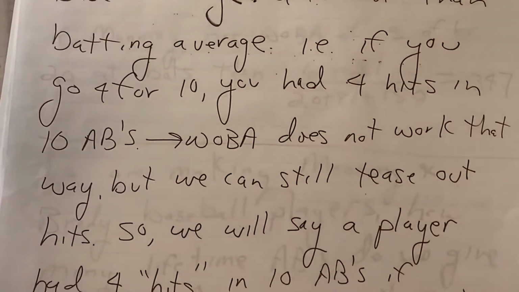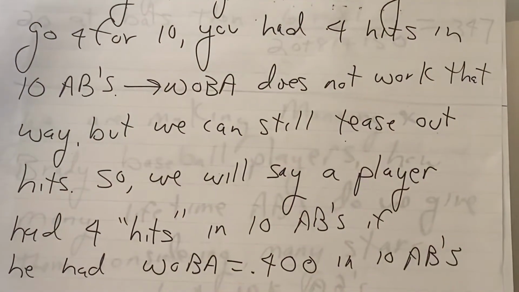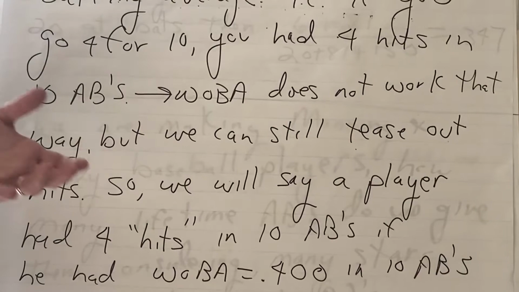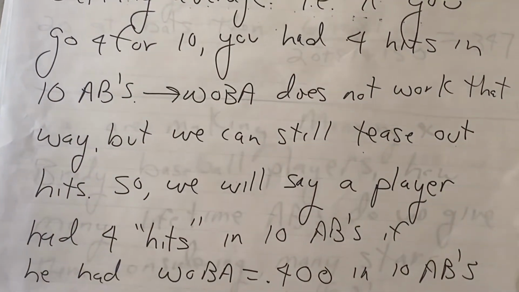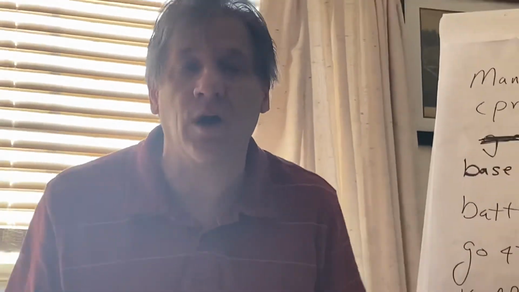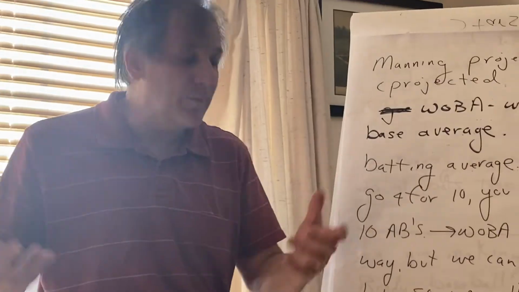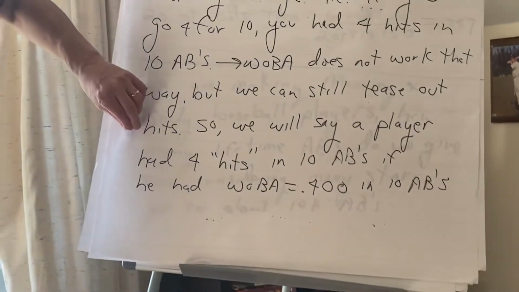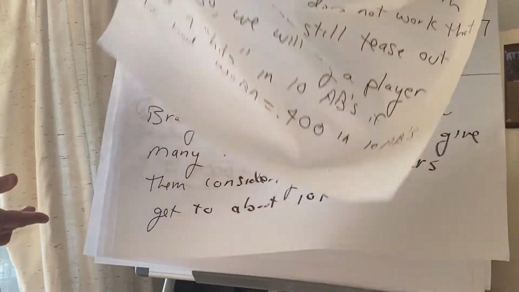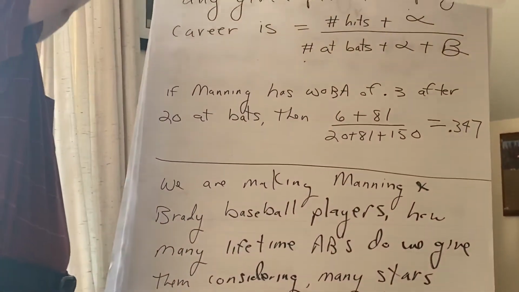WOBA doesn't work that way because you don't have a numerator and a denominator, but it is a decimal number, a percentage, so you can create a numerator and a denominator. If you go to the plate 10 times and have a WOBA of 0.4, that is basically the same thing as 4 hits out of 10 at-bats. So in other words, we can tease out the number of hits from the WOBA.